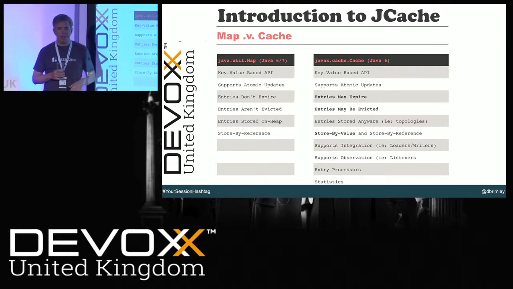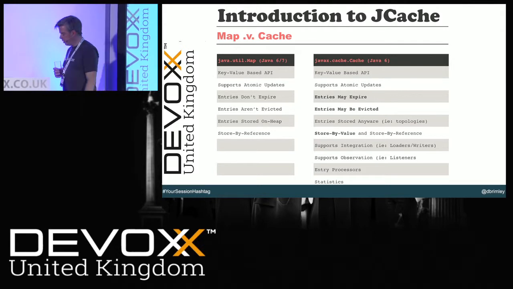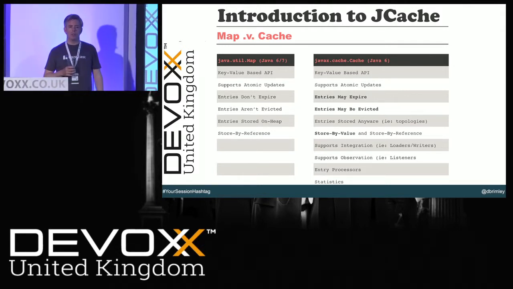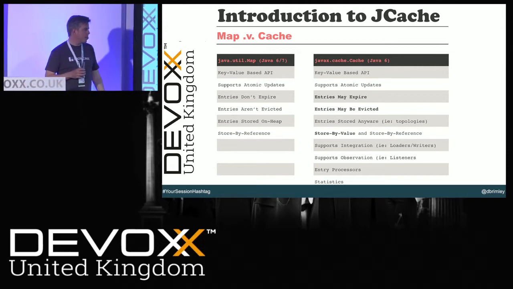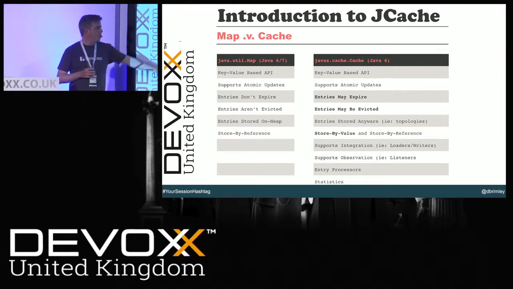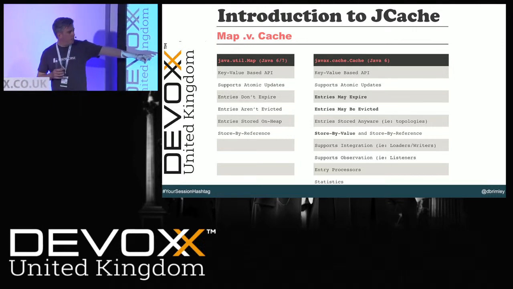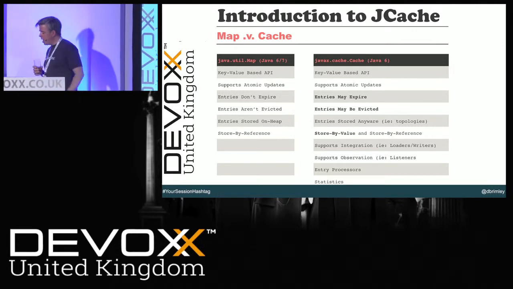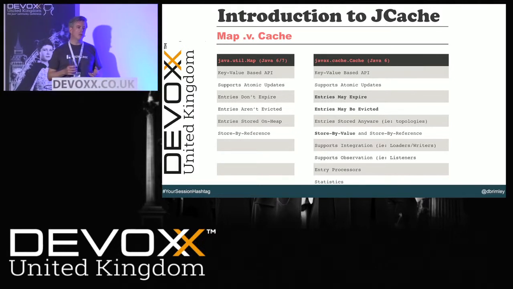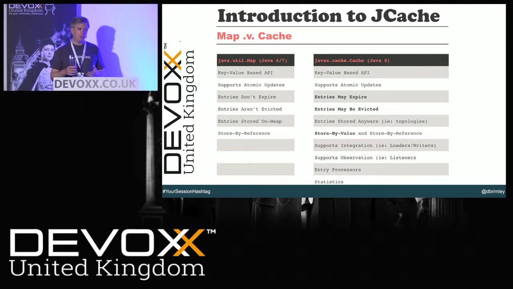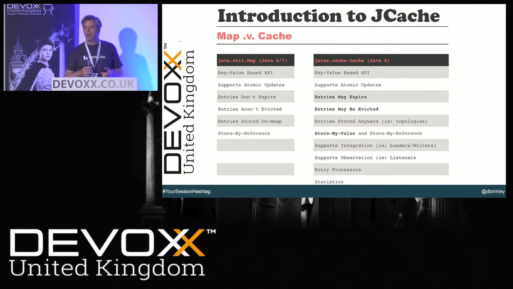But if you think about it, when you're dealing with caching, one of the things you want to do is have entries expiring out of the cache, right? You don't want to keep pushing stuff into the cache and eventually your memory blows up. So entries can expire, entries can be evicted, okay? The other important thing as well is entries can be stored anywhere. So the JCache specification doesn't deal with how distributed systems should handle the cache, okay?